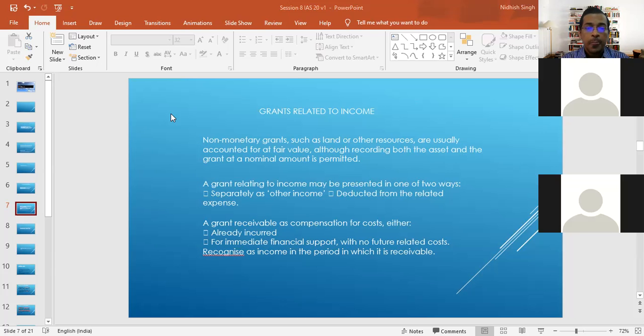In that case, you have a very clear grant related to income, and that relates to the cost. So the government will compensate your cost, and it will be a grant related to income, because it is ongoing. It's not once off.